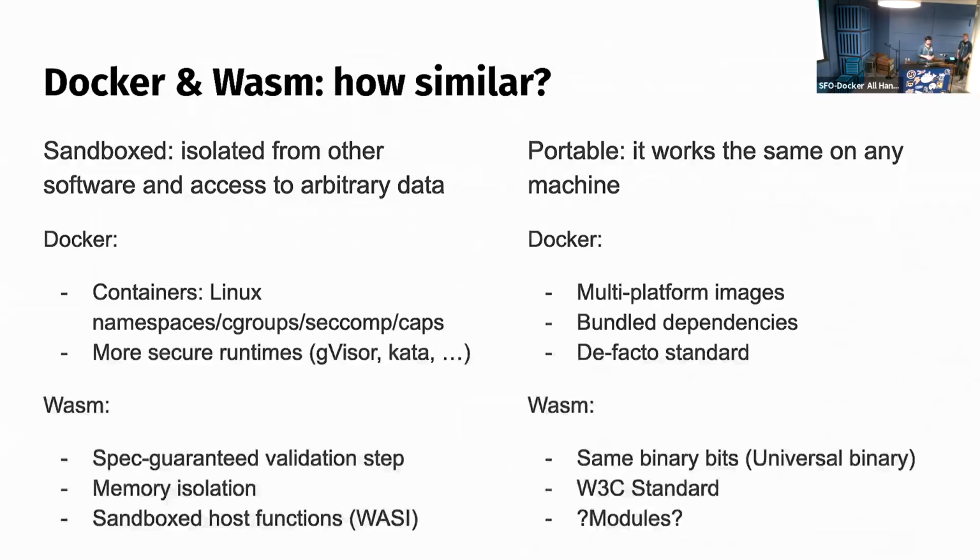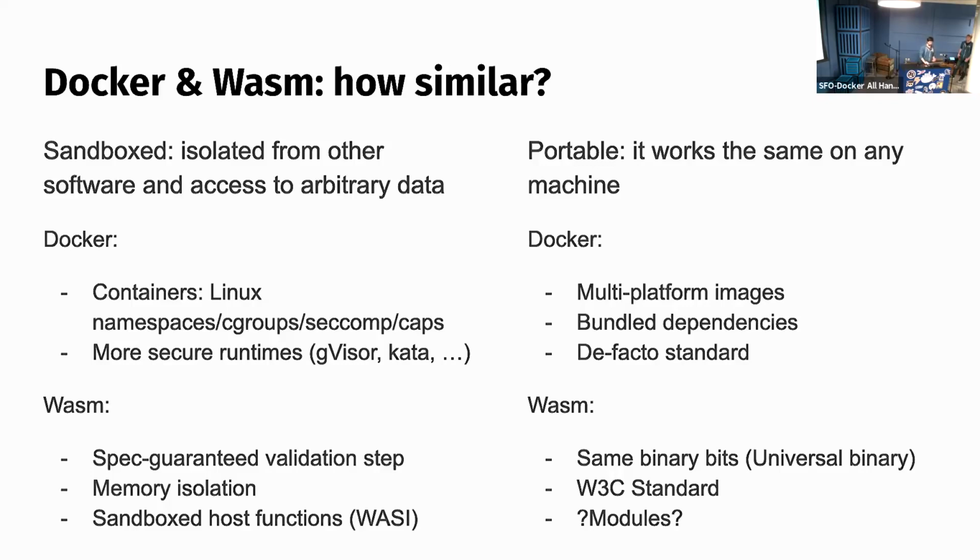Docker and WebAssembly actually implement this very differently. Docker uses the concept of containers. Wasm has some guarantees in the spec. For portability, Docker has multi-platform images. It bundles the dependencies, and it's quite widespread now. It's super popular. Whereas Wasm has a universal binary, and it's a standard.